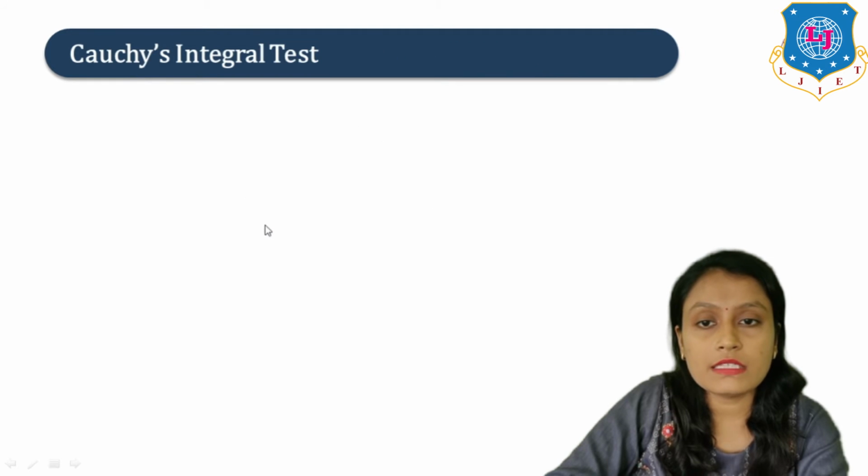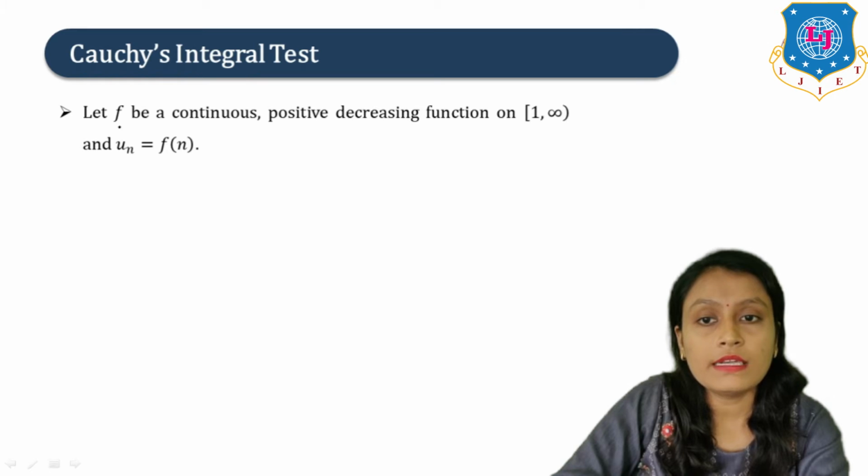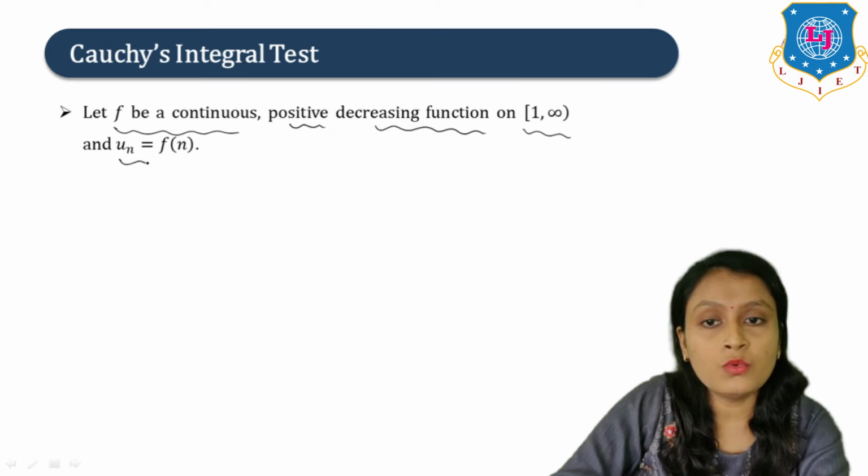Okay, next, Cauchy's integral test. Let f be a continuous, positive and decreasing function on the interval 1 to infinity, and un is equal to f of n. Okay, this is given.